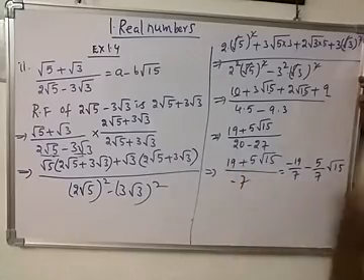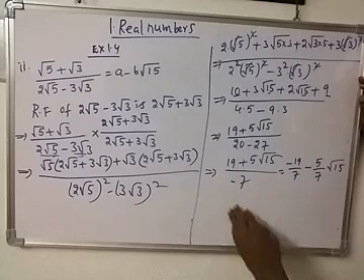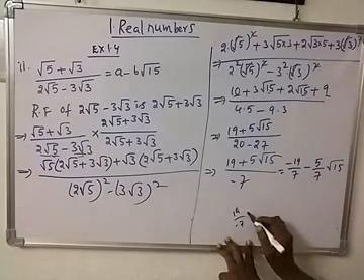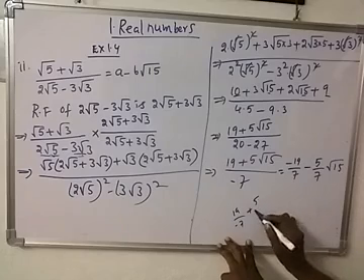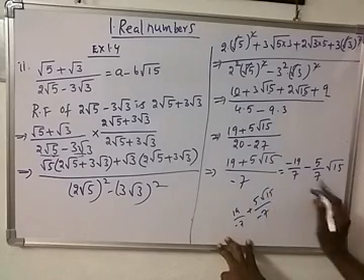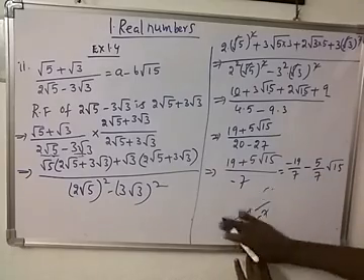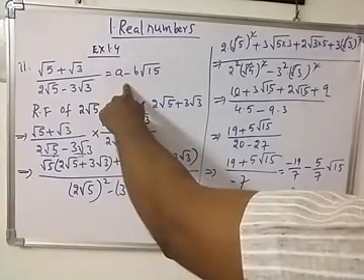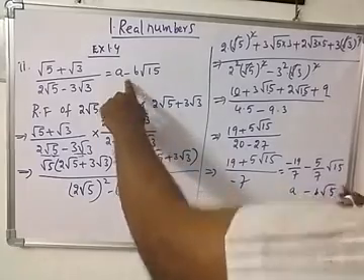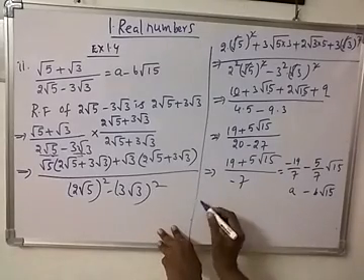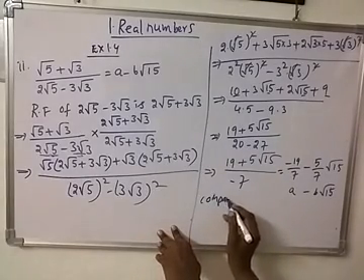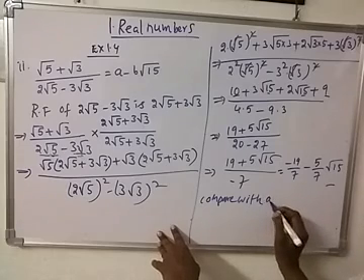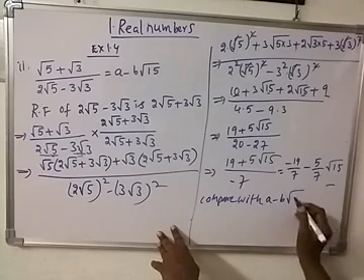So we divide the fraction, here the LCM denominator is −7 and the numerator is 19 plus 5√15, and plus by minus is minus. Now we compare this with a − b√15.